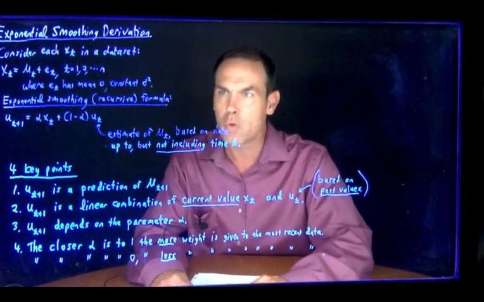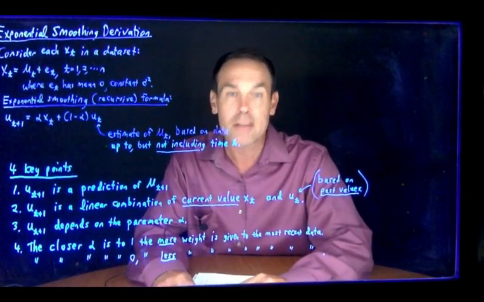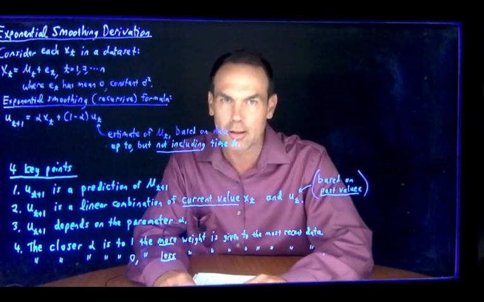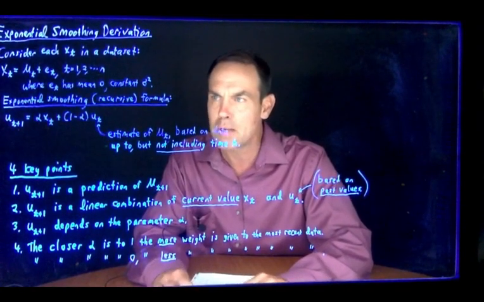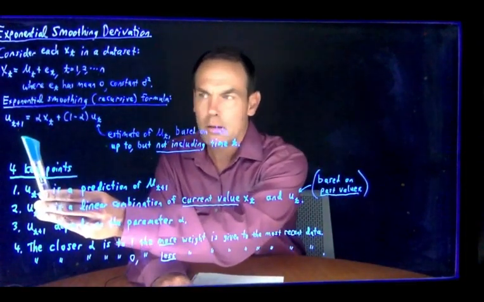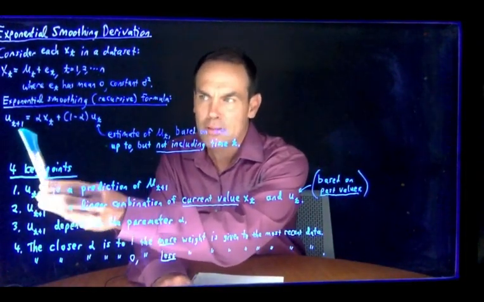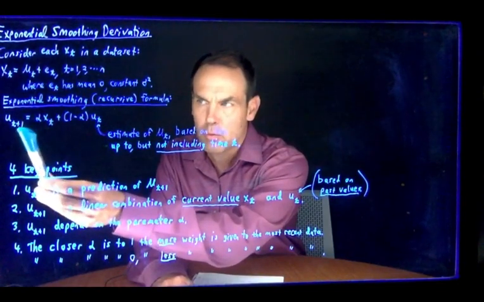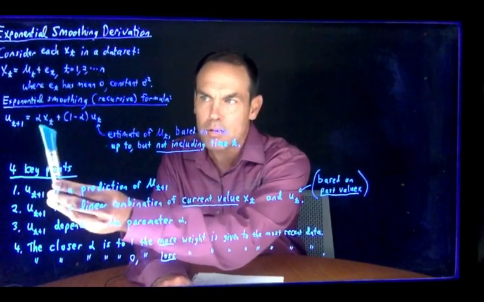So here is this formula. I've said here in parentheses that it's recursive. We're going to get a good look at that as we talk about this. But the formula looks like this: u sub t plus 1. I know we've not talked about u yet, but that's what we're forecasting. u sub t plus 1 equals alpha.